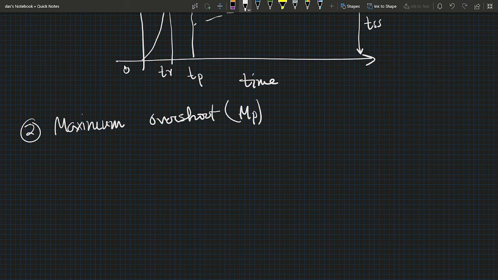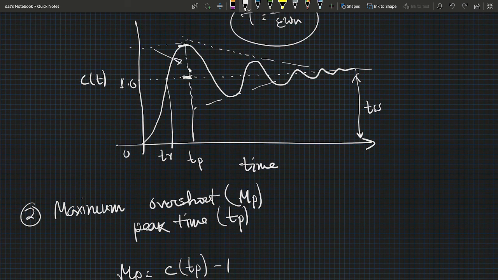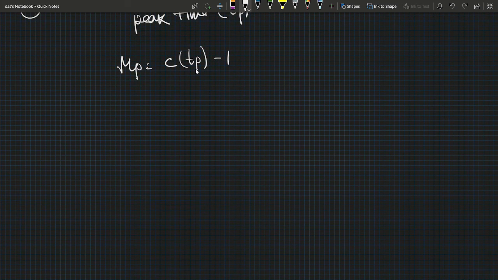Also we calculate our next parameter, known as peak time, denoted by Tp. So what is maximum overshoot? Maximum overshoot is basically the output response at the peak time minus 1. So this is the maximum overshoot, c(tp) minus 1.